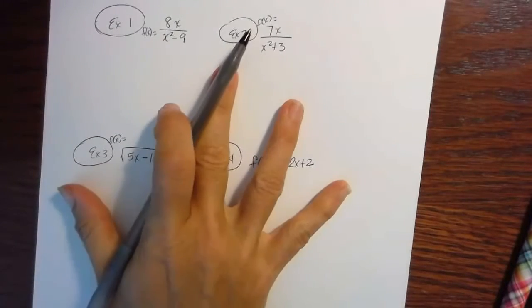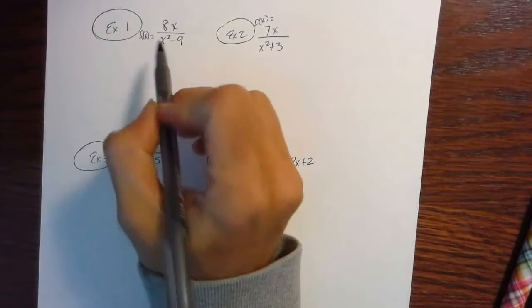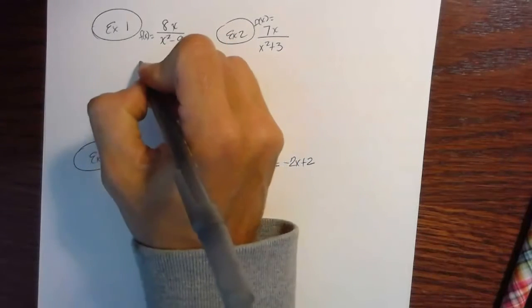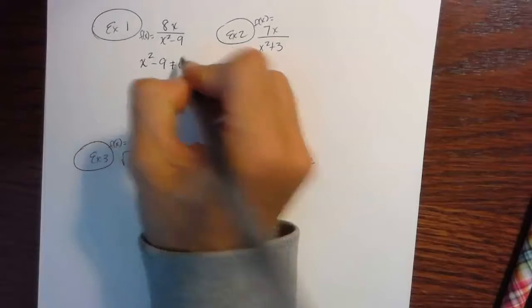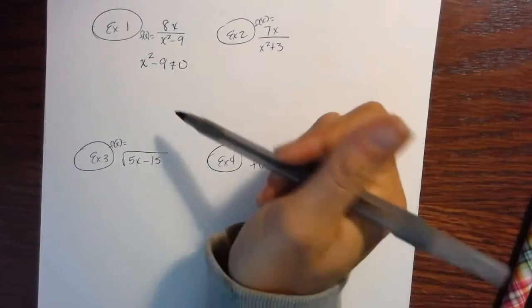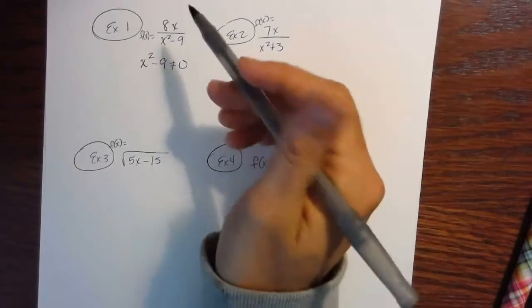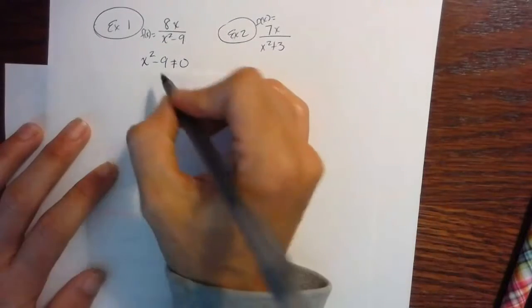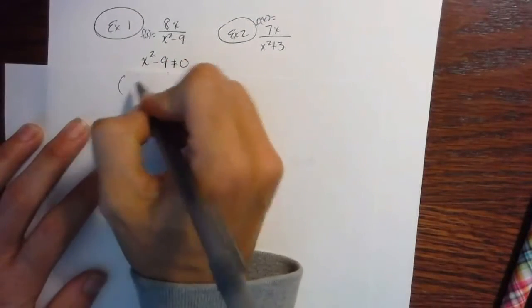For the first example, again, we have a fraction, and we're focused on the denominator not equaling 0. So that's what we want to solve for. What would cause this to be 0? You can pretend this is an equal sign and solve it like you normally would a quadratic equation. Notice this can be factored as the difference of two squares.